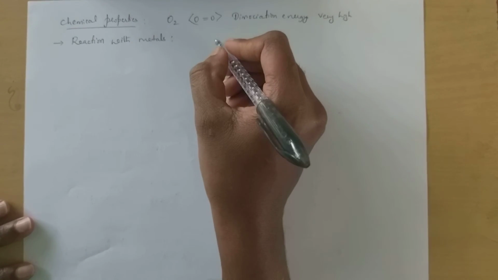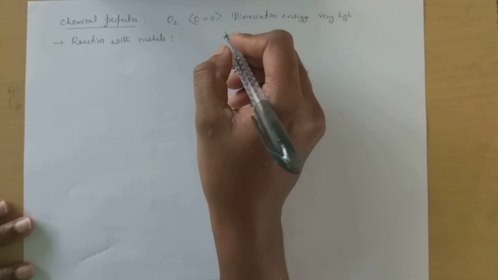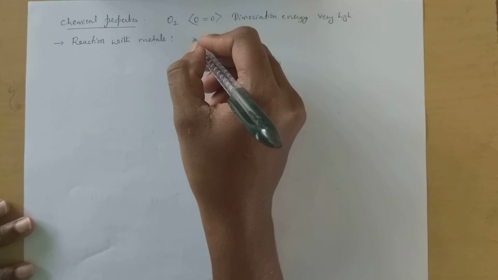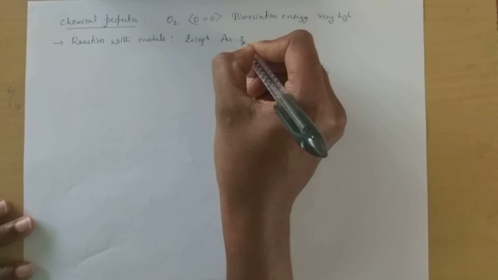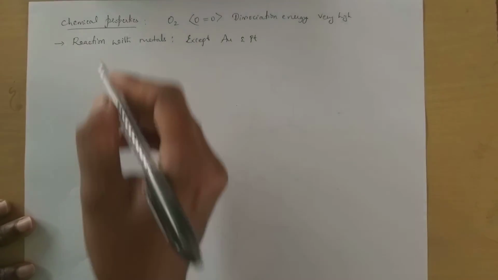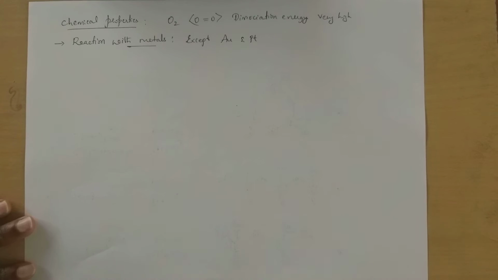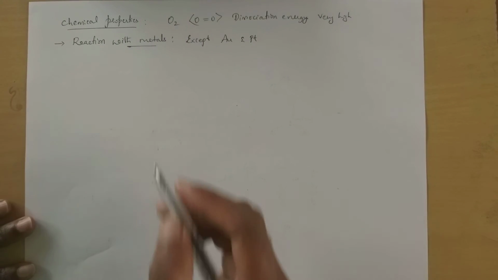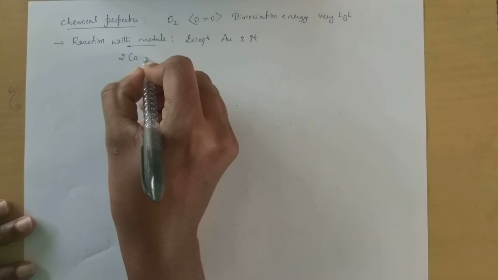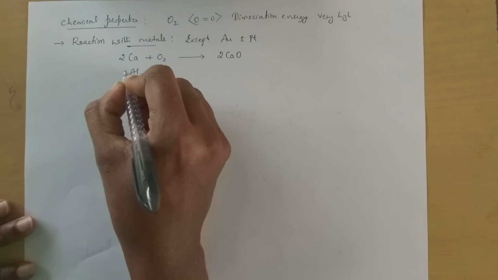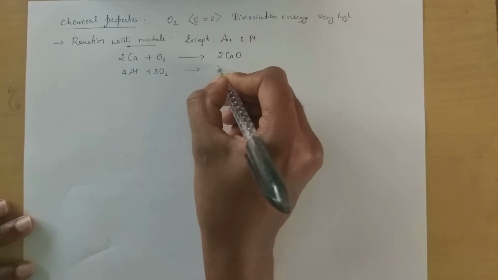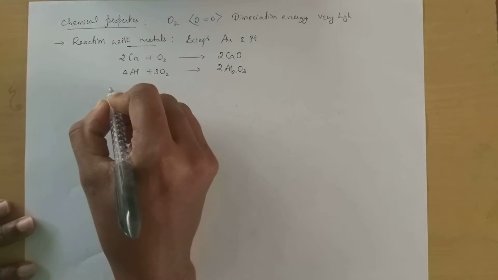Reaction with metals. Except gold and platinum, almost all metals react to form respective oxides. So oxygen reacts with metals to form the respective oxides. We have examples: calcium reacts with oxygen to form calcium oxide. Aluminum reacts with oxygen to form aluminum oxide, Al2O3.